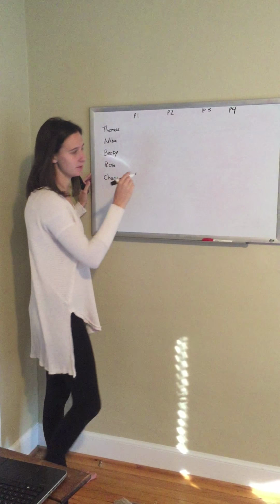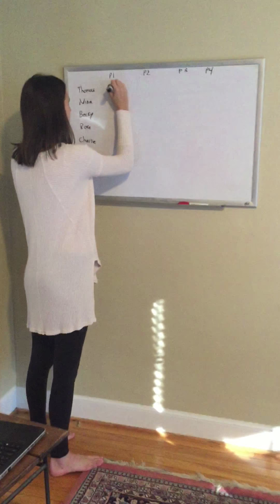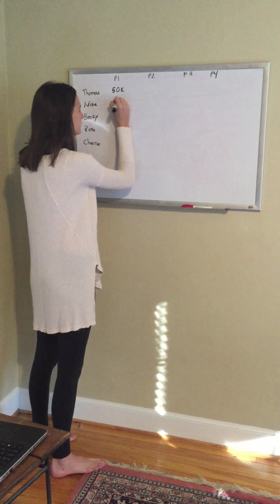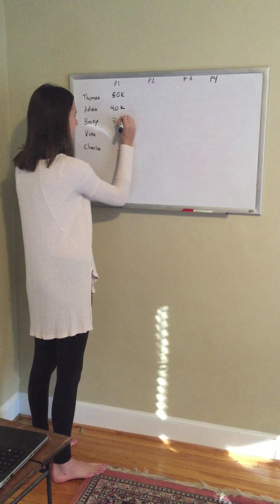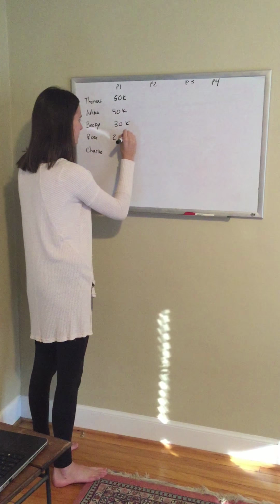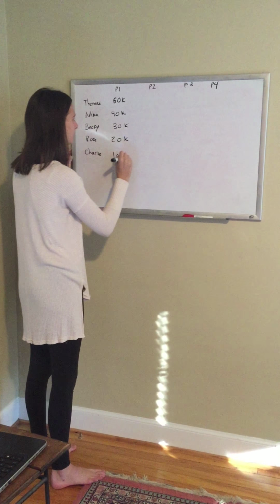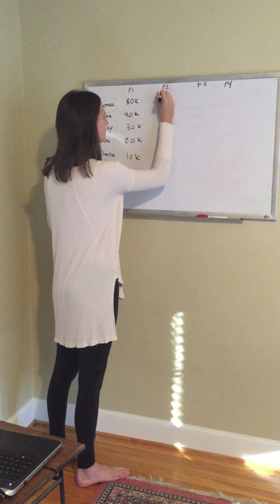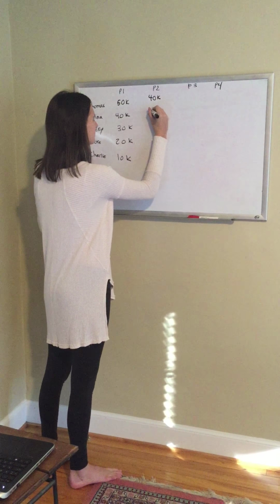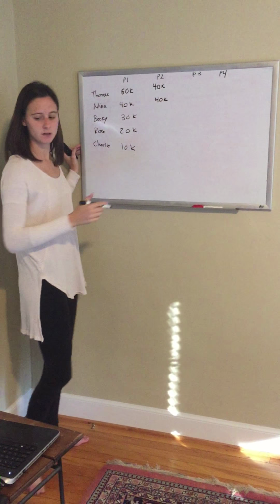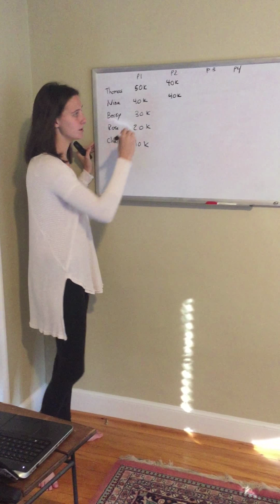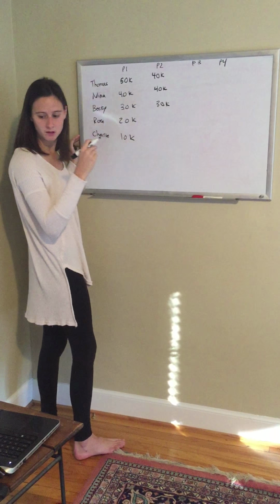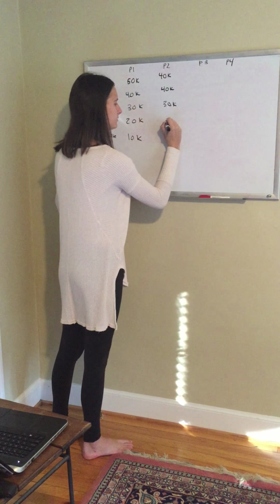And let's see period 1, let's say we have Thomas makes 50K, Nina makes 40K, 30K, Becky 20K, 10K. Let's say in period 2, Thomas makes 40K, Nina makes 40K, Becky makes 30K. And Rose and Charlie both make 20K.